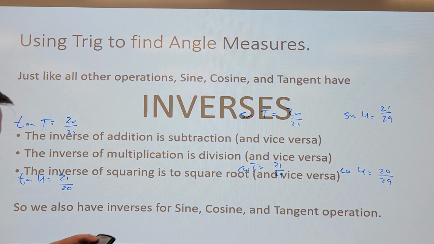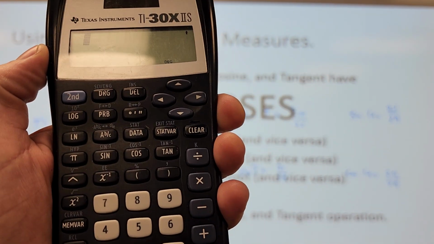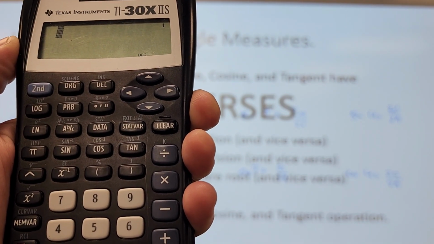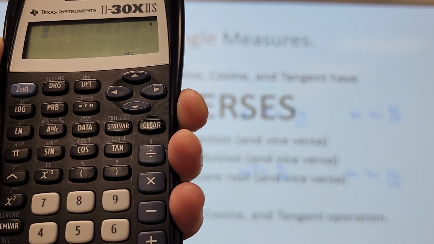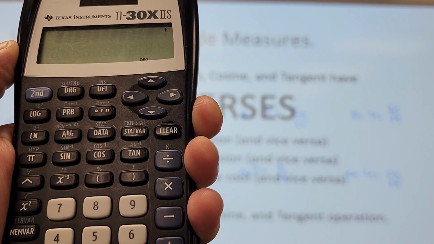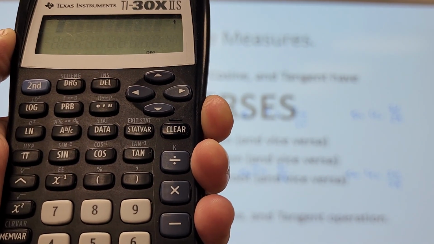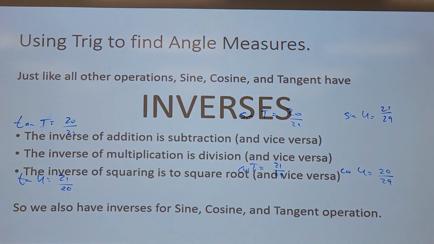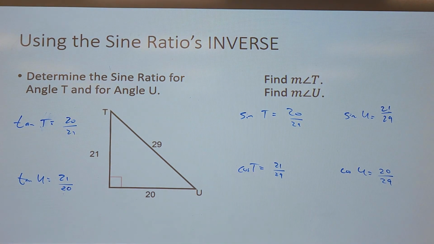And you're going to see this little -1 exponent above the sine key, above the cosine key, and above the tangent key. It's a sine with this -1 exponent, cosine -1 exponent, and tangent -1 exponent. What that means is the inverse of sine, or the inverse cosine, or the inverse tangent. And so what we're going to be doing with that is we're going to use the sine ratio to determine the measure of angle t and the measure of angle u.